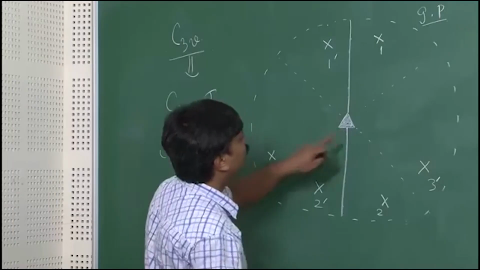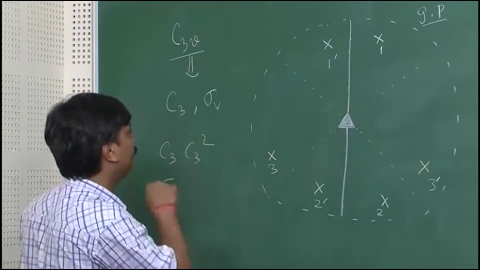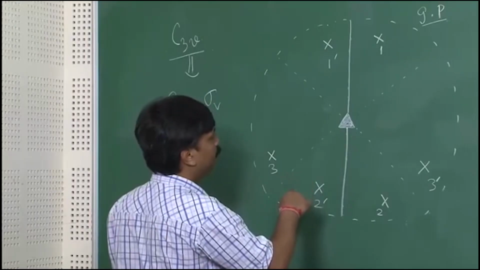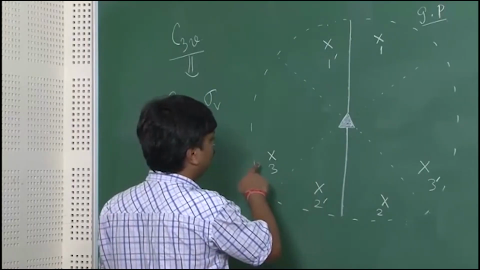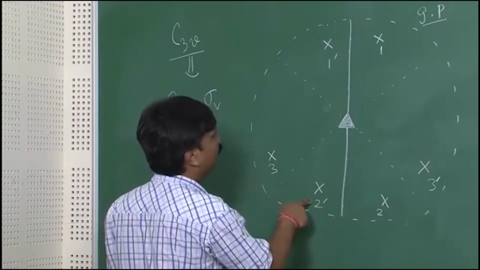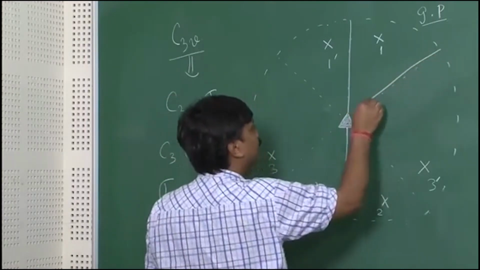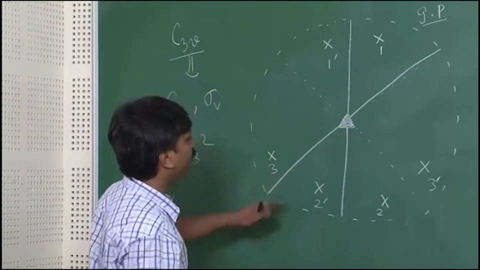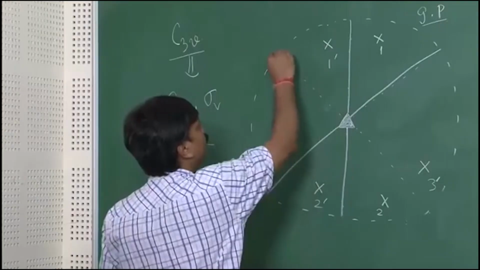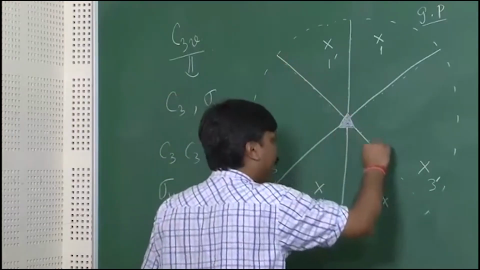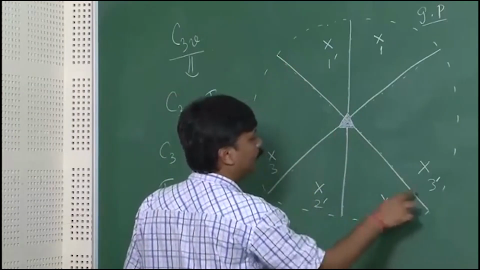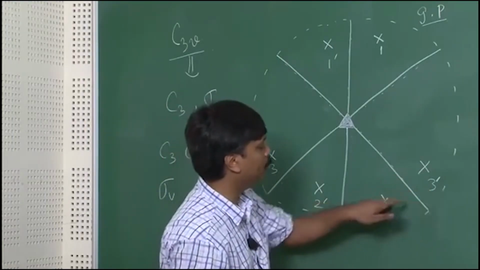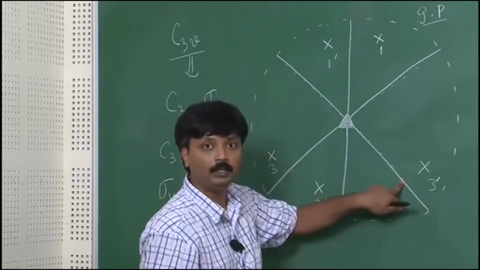From here you can see that this x3 and x2 prime could be generated from a reflection through this plane. If you draw it properly, it will be much more clear. And this x2 and x3 prime could be generated from x2 through a reflection on this particular plane.